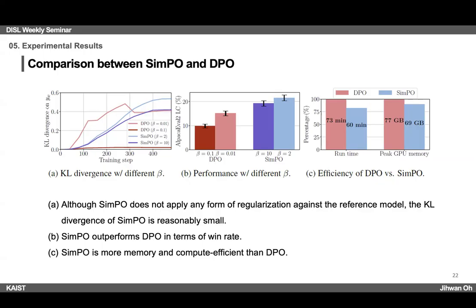Training takes 60 minutes versus 73 minutes for DPO. And it also uses less peak GPU memory, 69 gigabytes versus 77 gigabytes. So overall, these results highlight that SimPO is not only simpler and reference-free, but also more efficient and competitive in performance.